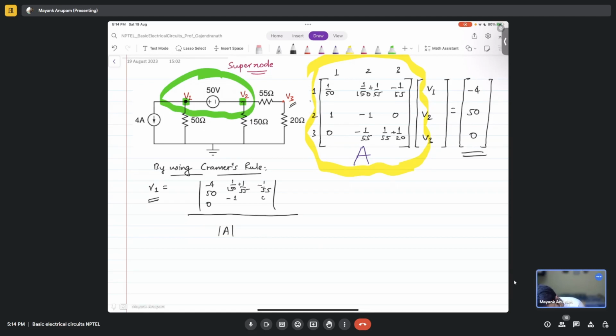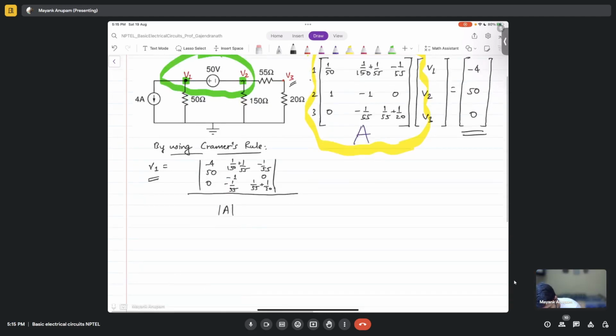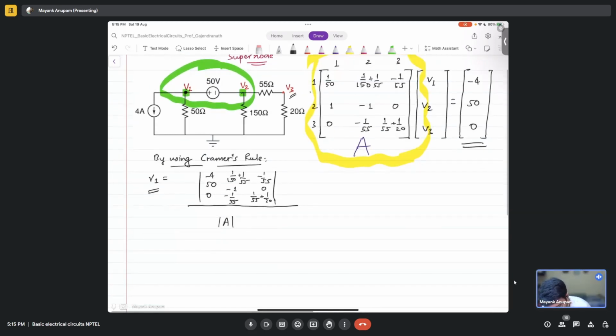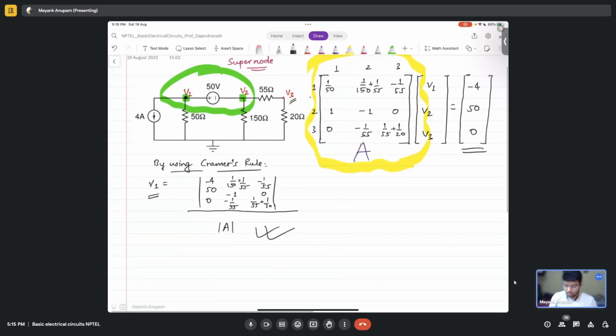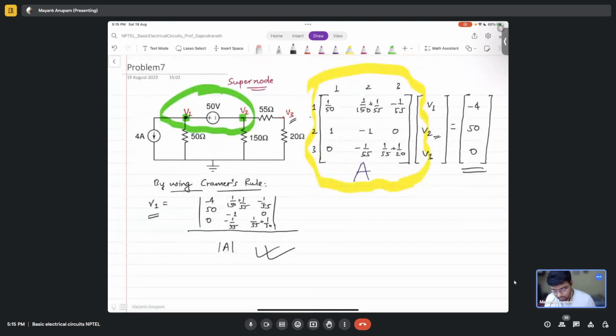This will be 0. This will be minus 1 over 55, and this will be 1 over 55 plus 1 over 20. Right? So this is V1. Again, if I want to find V2, I'll simply replace the second column with this.